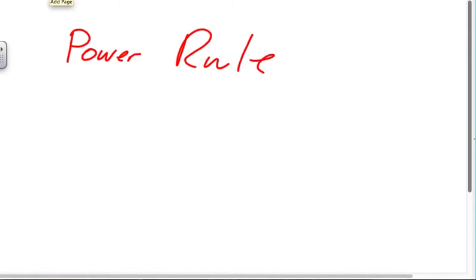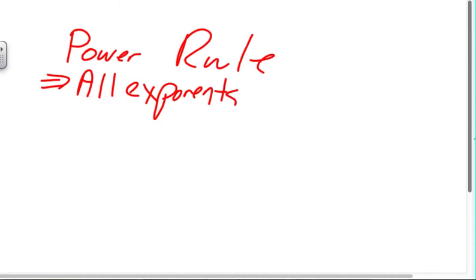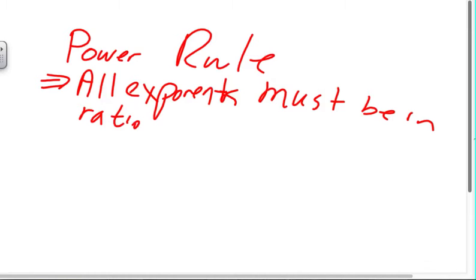Before we do that, in order to use the power rule, and this is very important, all exponents must be in rational form. All of them. Okay? And this is a very important point.